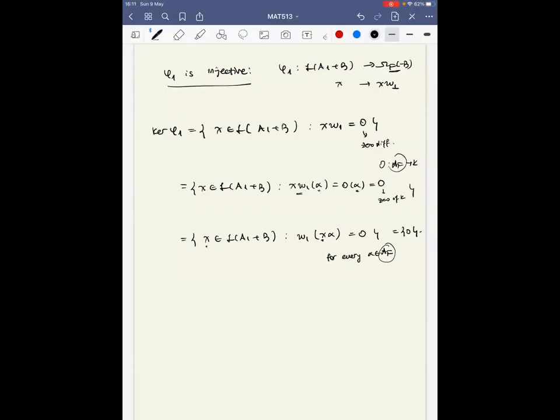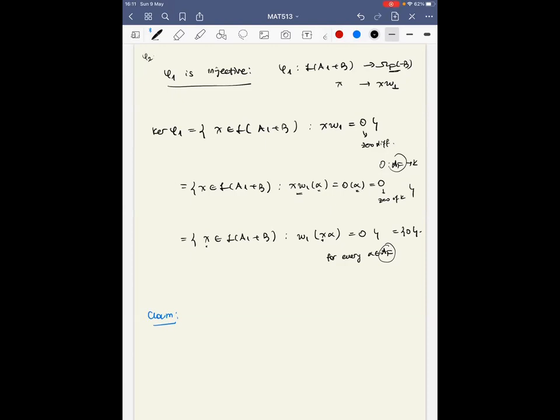So now our claim is that with an appropriate choice for the divisor B, by the way, you may also have the same observations for the map phi 2.